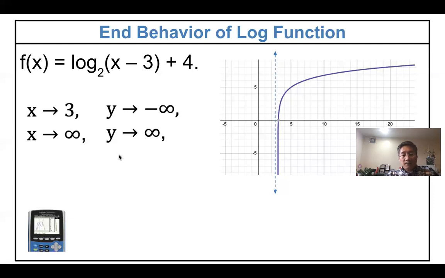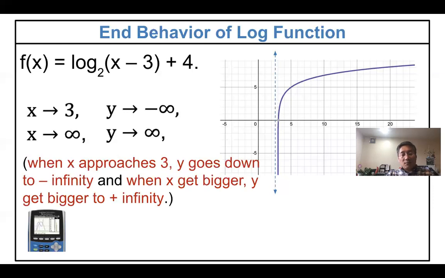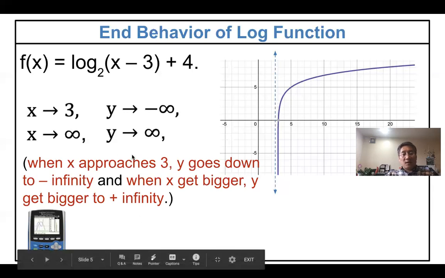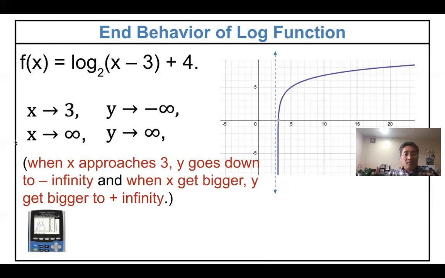Everybody understand? Good. Then this is just the explanation with words, but you can write it down like this. So when x approaches 3, y goes down to negative infinity. And when x gets bigger, keeps going to the positive infinity, y gets bigger to the positive infinity.